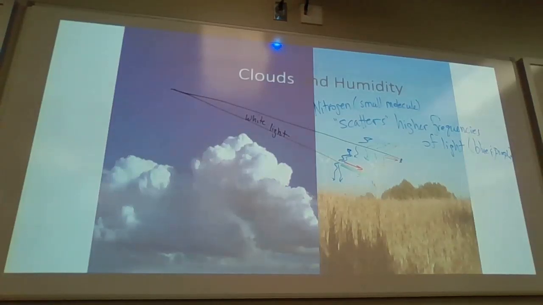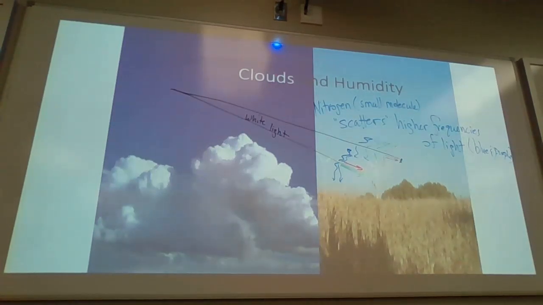The last thing: clouds have a bunch of different molecule sizes, so they scatter a whole bunch of different frequencies of light, so they look white. Our summer days in the Midwest look whitewashed, versus out west, where it's more arid and less humid, skies look like this.